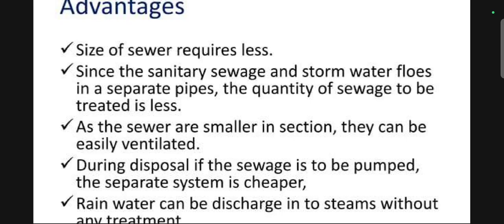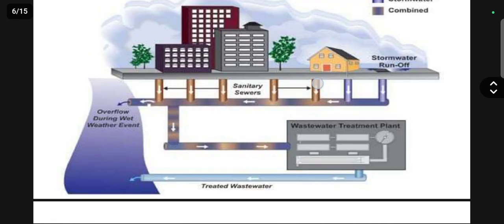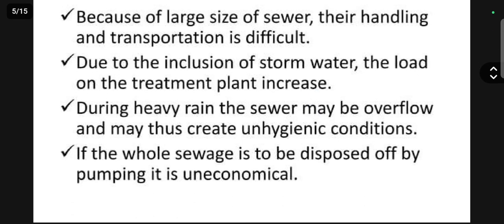See the second point. Since the sanitary sewage and storm water flow in separate pipes, the quantity of sewage to be treated is very less. In the combined system, due to the inclusion of stormwater, the load on the treatment plant increases.